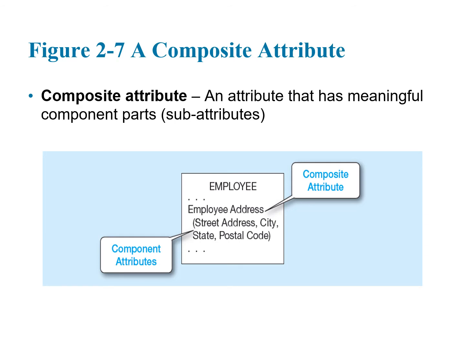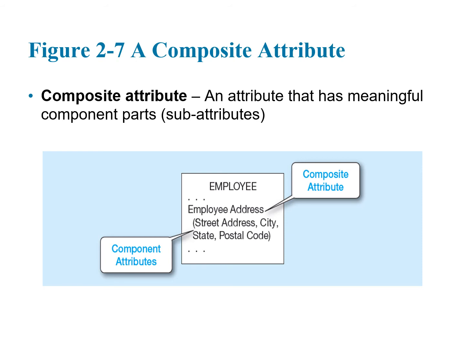Figure 2-7, a composite attribute. Composite attribute: an attribute that has meaningful component parts, or sub-attributes. Sometimes many attributes are related to each other, such as the elements of an address. In this case, they can be grouped into a composite attribute.